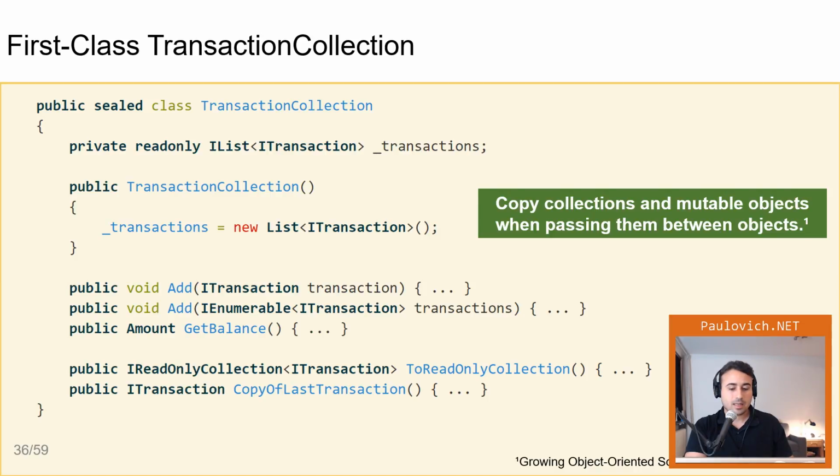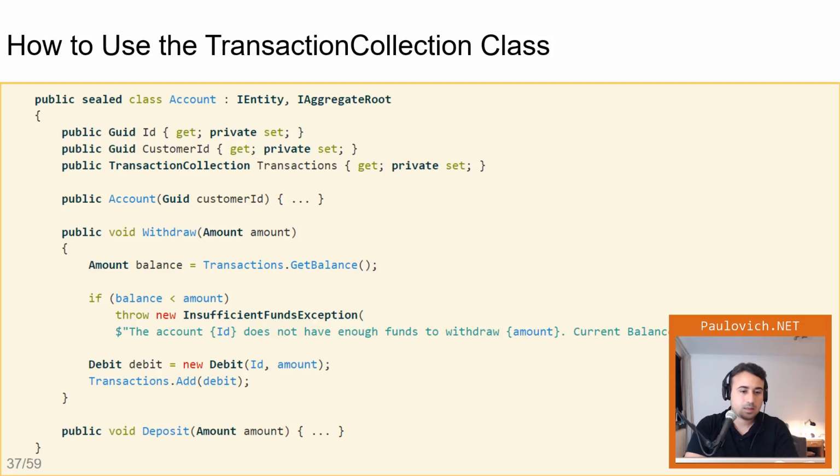Well, let's see now how it is being used. So here in the account, I have this transaction collection property. And in the withdraw method, I need to check if the balance is valid, so if the balance has sufficient funds, so I can withdraw the amount.